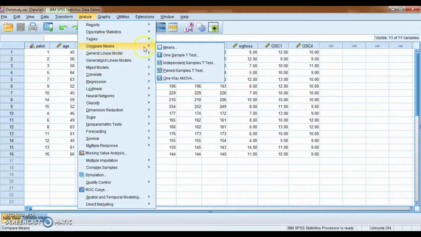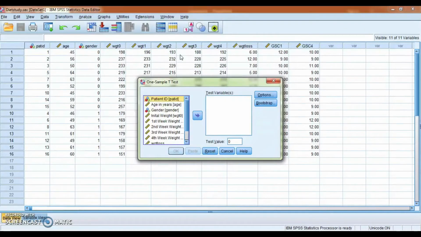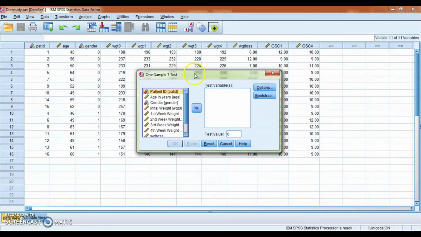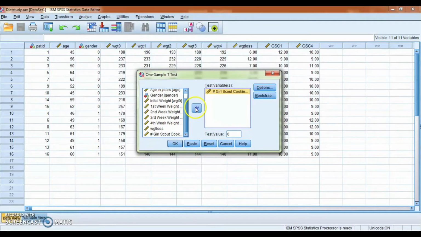And since you have one sample here and you're comparing it to a mean, you'll click on One Sample T-Test, and this dialog box will come up. Now, we're looking at Girl Scout cookies at time 1 here. So I'll click on that and add that in. We'll just forget about time 2 for now. So we're only looking at Girl Scout cookies at time 1. So click on that and put that into our test variable box.